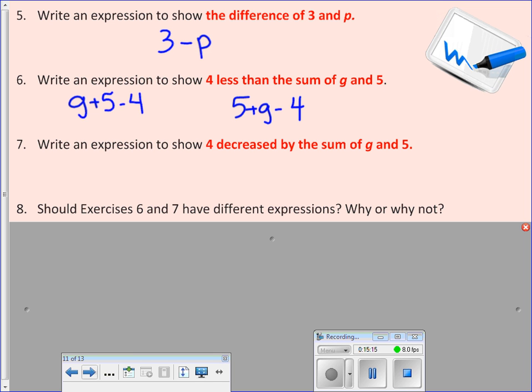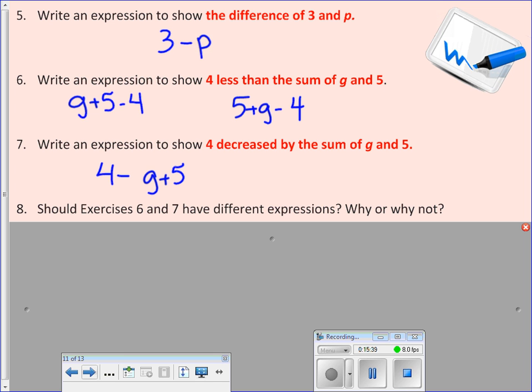4 decreased by the sum of G and 5. So what am I starting with? Am I starting with the sum or am I starting with 4? Starting with the 4, because 4 decreased by the sum of G and 5. Do I need the parentheses now? Please take your notes.